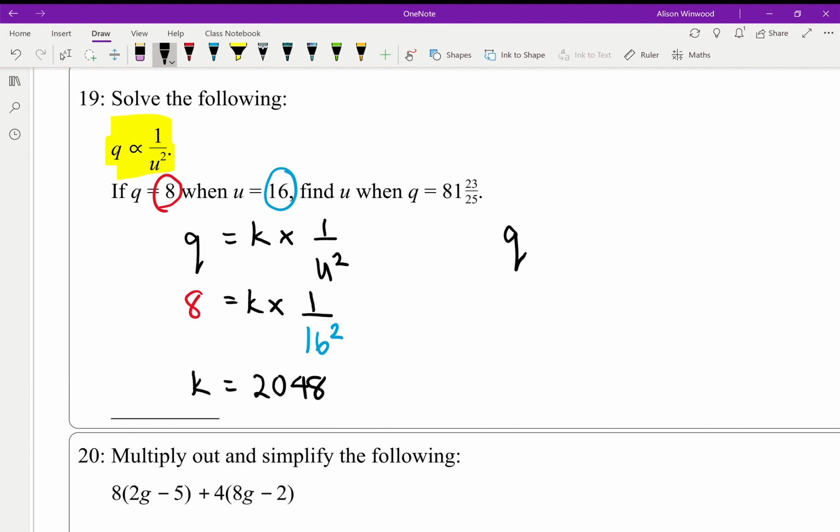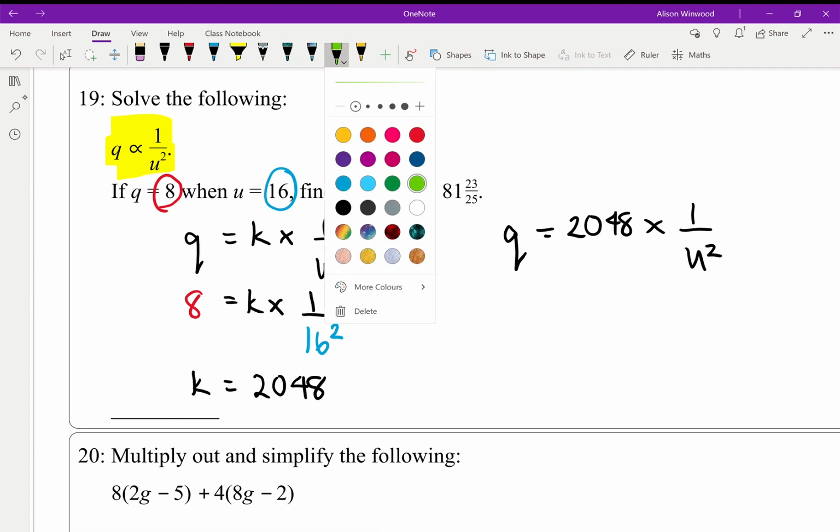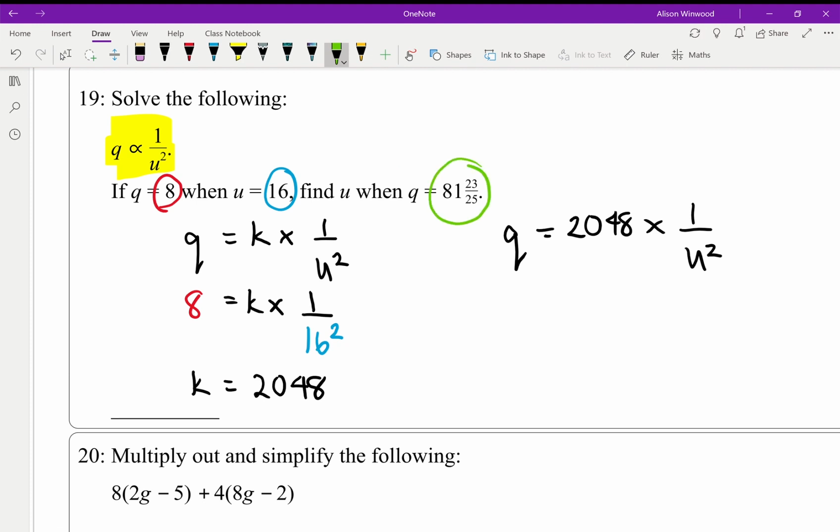Rewrite your formula with K in it. And then finally put in the value quoted in the question. Easiest to work with that as an improper fraction.